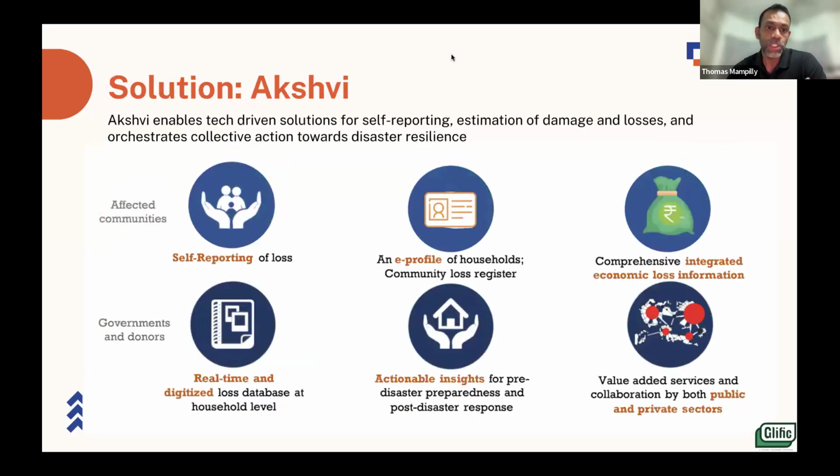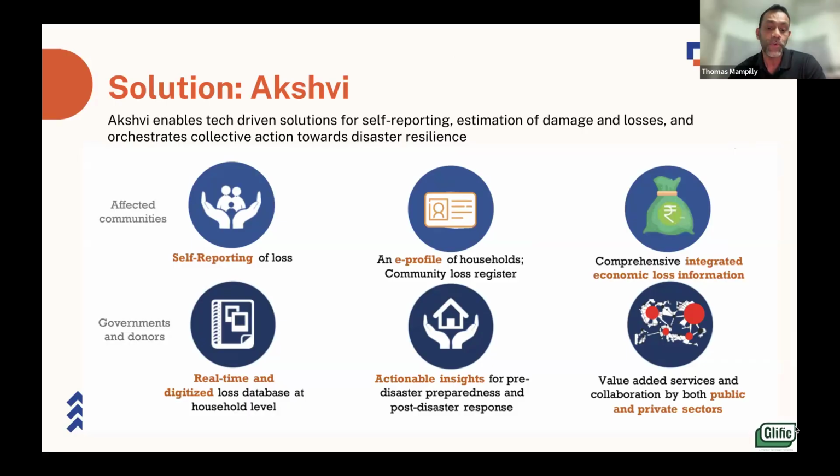So, as a solution to this, Seeds has envisioned, what if we can give the entire ecosystem a unified view of loss due to disaster that is sourced from the communities themselves, that is, reporting of loss.